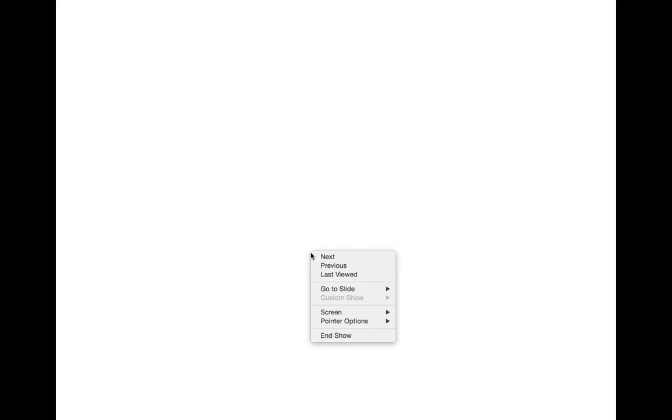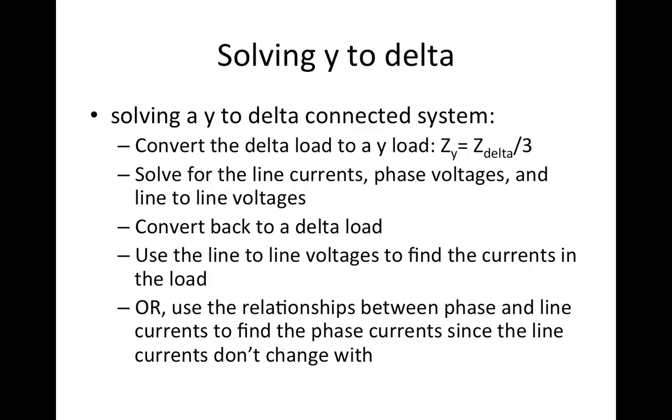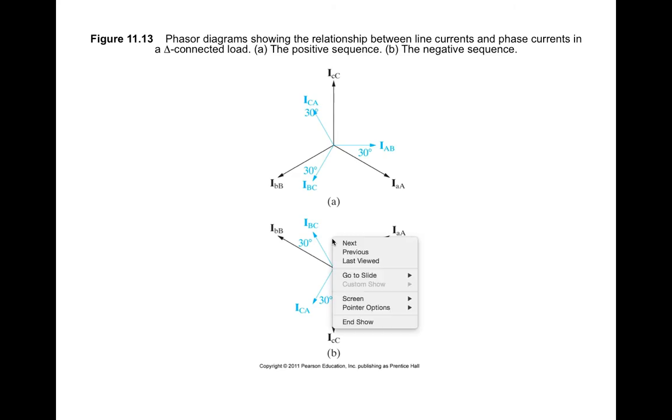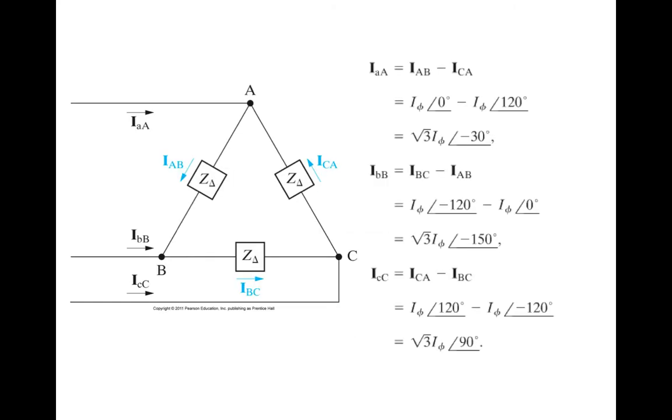So let me go back a couple of slides and we'll look once again at this load. So the bottom line is, if you convert this to a Y configuration, you can still solve for the line-to-line voltages between A and B. So that would just be your VAB, your line voltage.